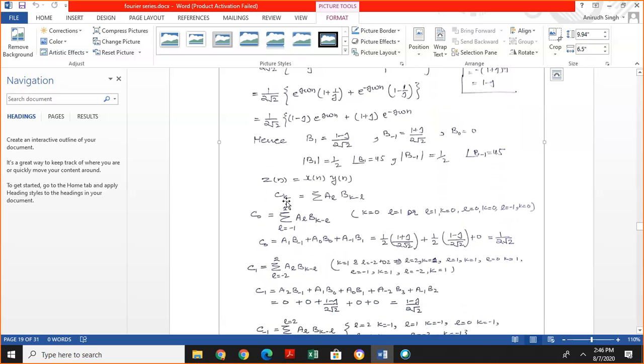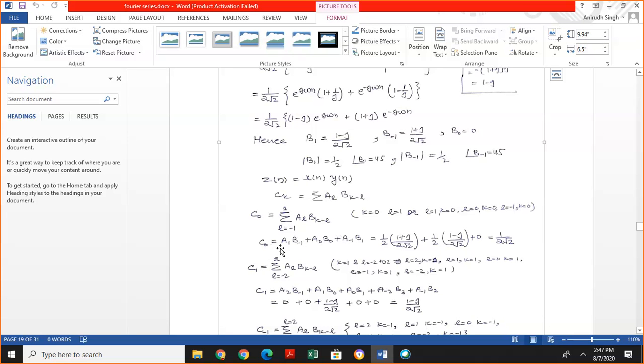Then first you have to calculate c naught, which means k is 0, and the value of l will be from minus 1 to 1. If k is 0, then l takes the values 1, 0, minus 1.